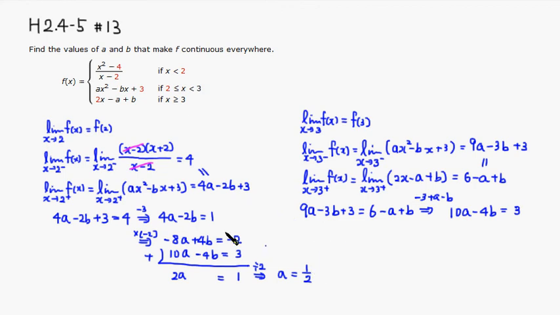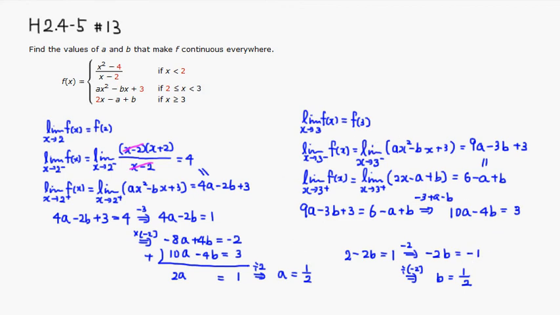So 4 times 1/2 would be 2, minus 2b is equal to 1. So we can subtract 2 from both sides, so you have negative 2b is equal to negative 1. Then we can divide through by negative 2 to get b is equal to 1/2. Right, so a is 1/2 and b is also 1/2.